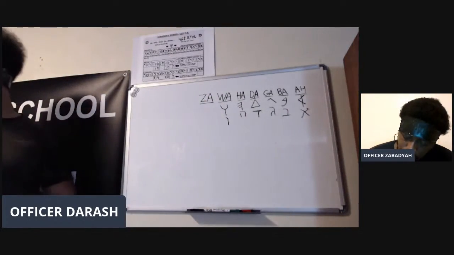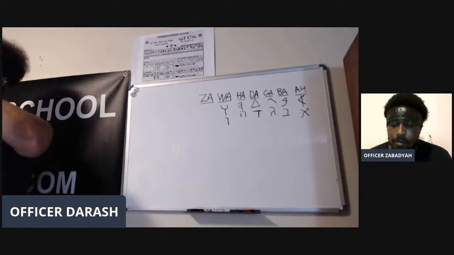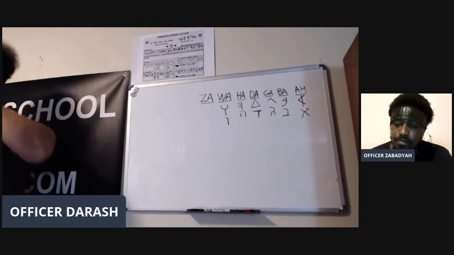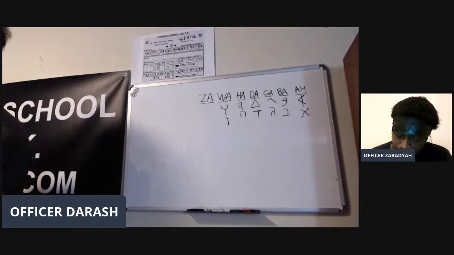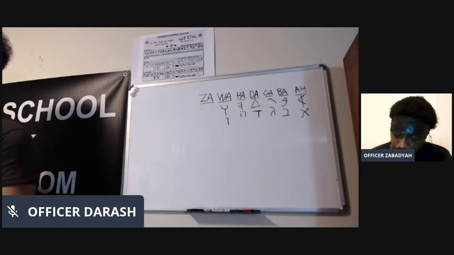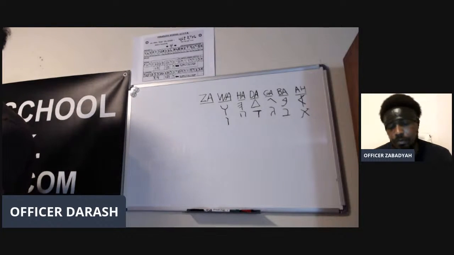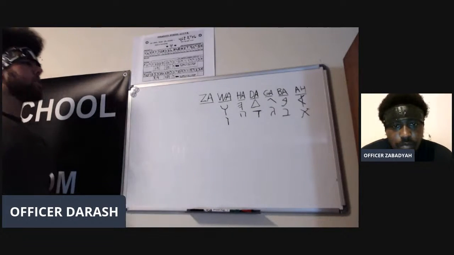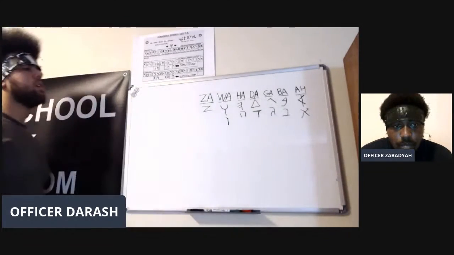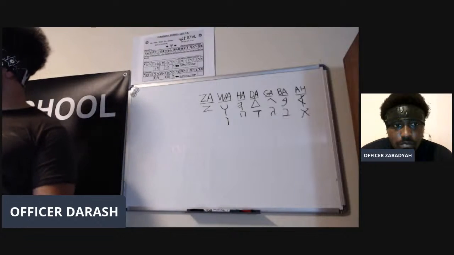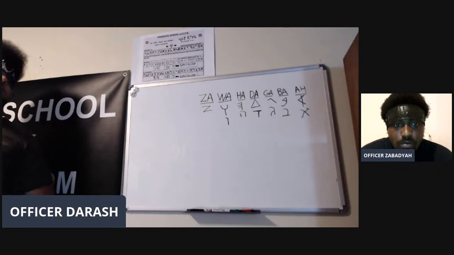Za. That's next. Za looks like this in Hebrew, just like a Z. So again, like I said, some of them are going to be easy to remember because you'll know, oh, it looks just like what it is in the English.